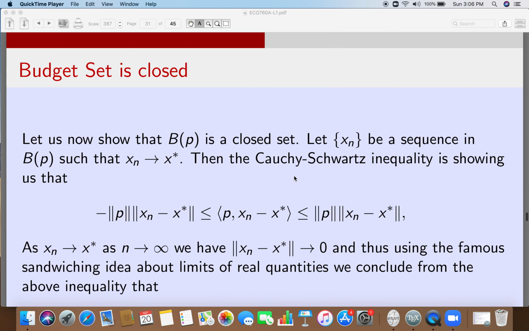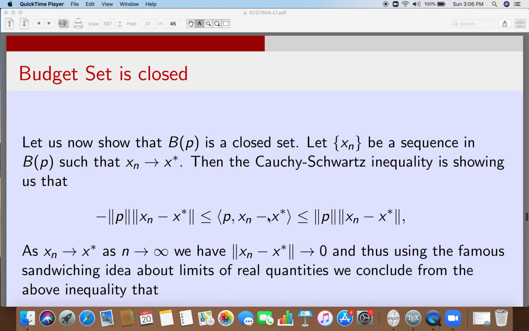You might ask me, how do you know the limit of this will exist? The limit will exist because I can make this difference, the modulus of this, as small as I want. That will follow from our epsilon-n naught definition of the limit.